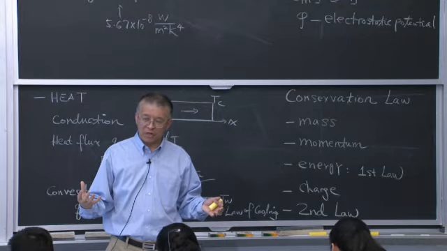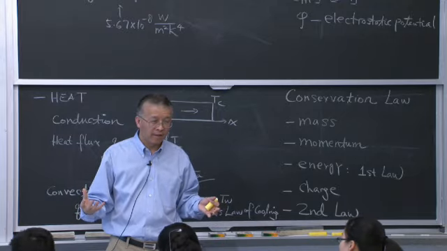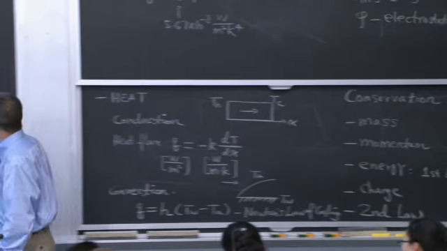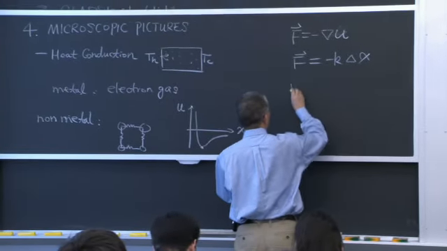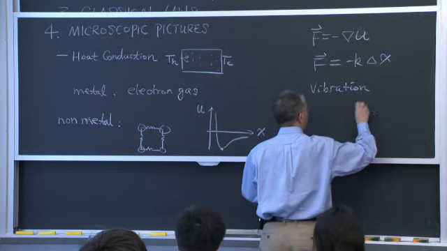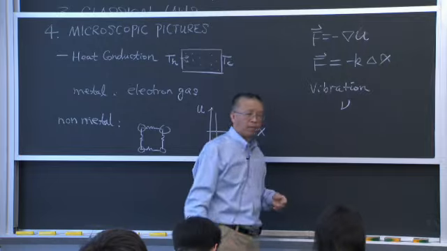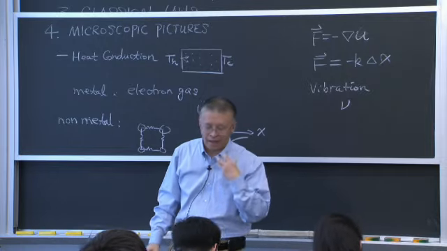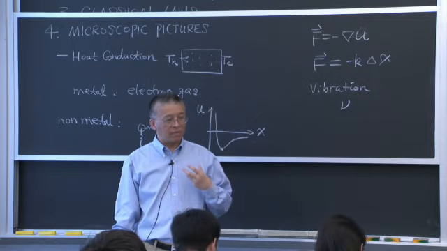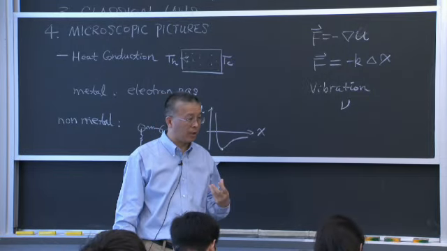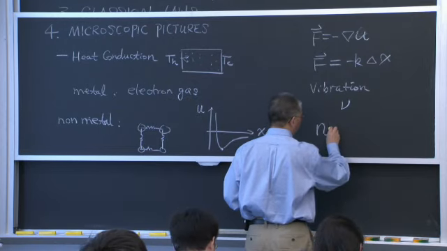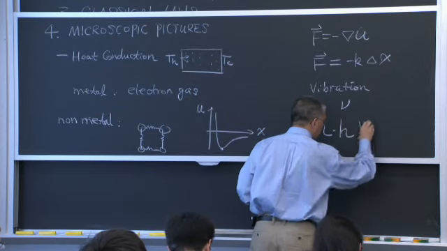And the vibration has different frequencies. When we have vibration frequency nu, this is where it has to go to quantum mechanics. It turns out that the vibrational energy cannot be arbitrary, and the energy has to be a multiple of h nu.